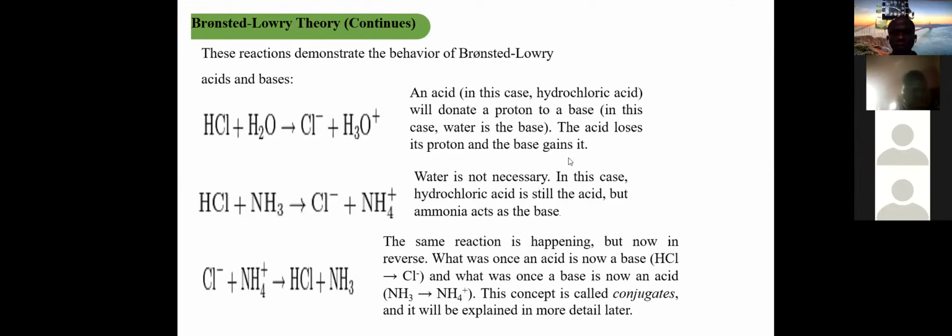The equation is NH3 plus H2O going into H3O plus and NH2 minus. Excellent. That's correct. But one thing you need to do is to indicate the states of the species.